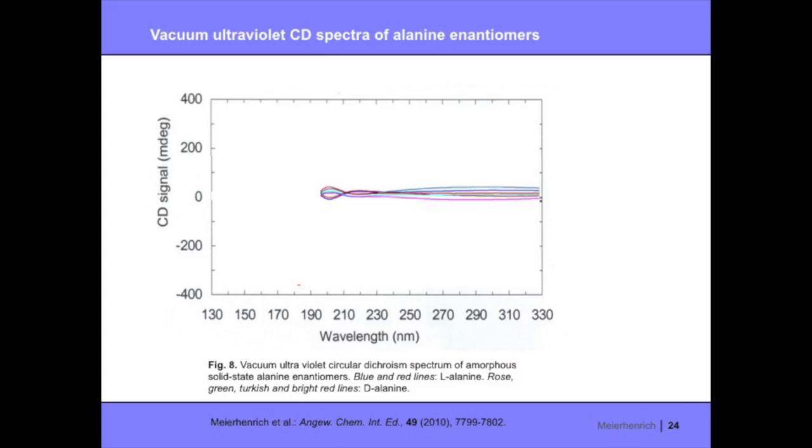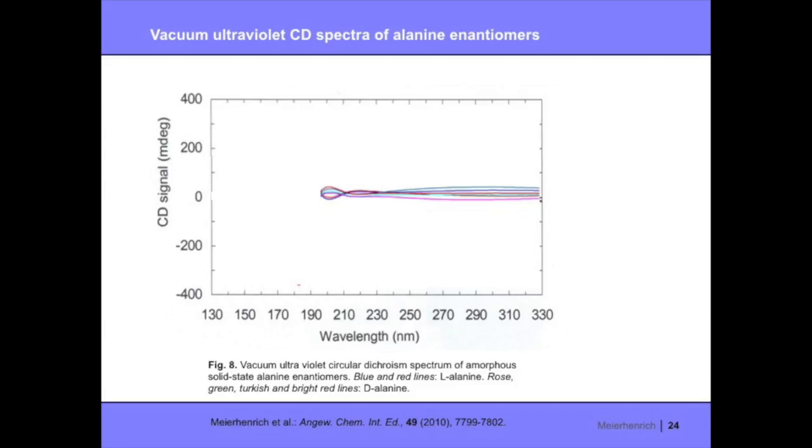And the result is this line here. Everybody measured the CD spectrum of alanine in water. And water absorbs below 190 nanometer, so all this region is not accessible. So we, for the first time, measured CD spectroscopy of alanine in the condensed phase.